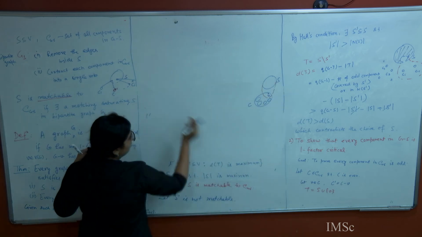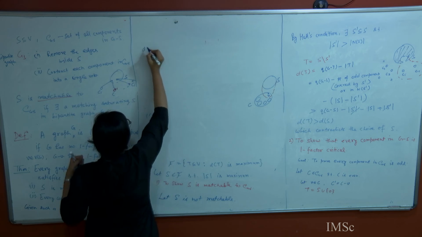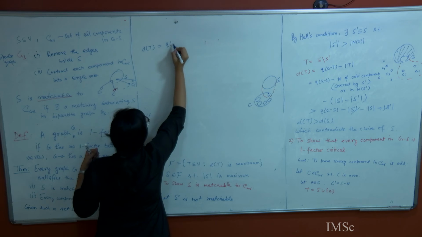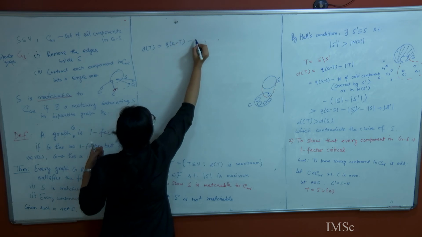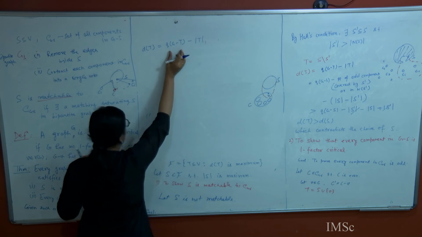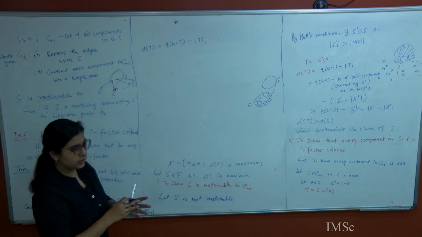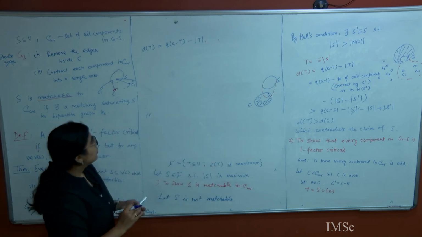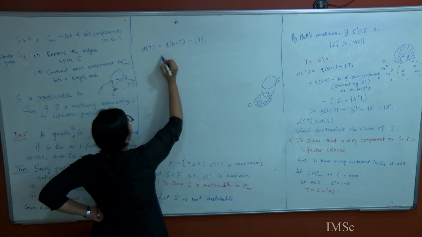Let's check the measure of this set. So D of T is Q of G minus T, minus the cardinality of T. Now, Q of G minus T is the number of odd components in G minus T, right? So what is this number?